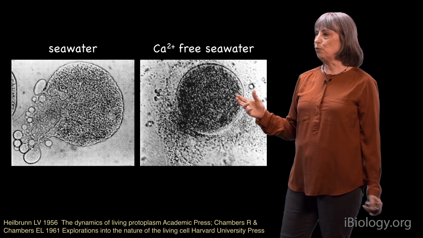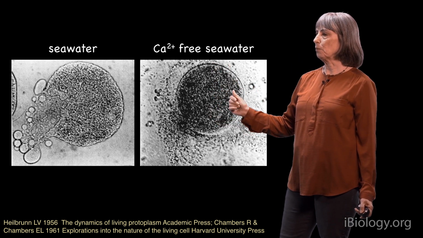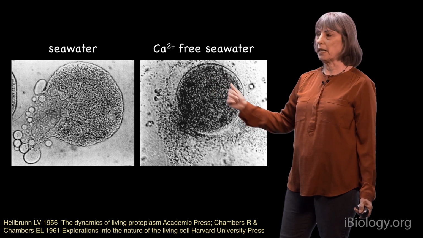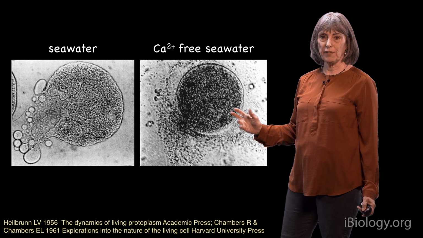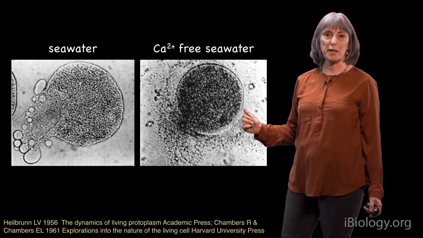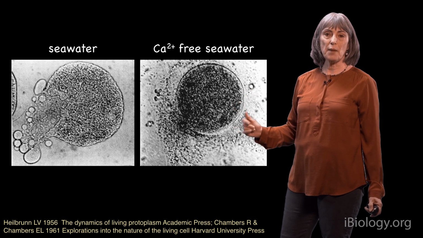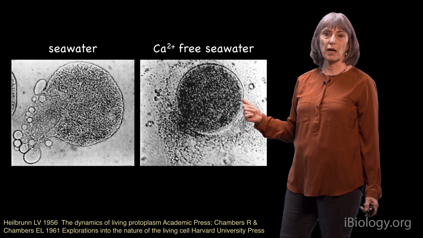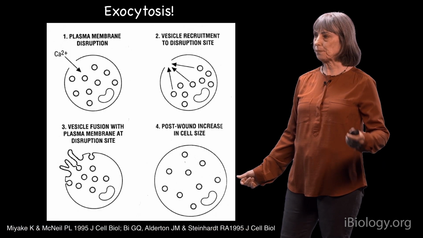But just by removing calcium from the water, they saw that this repair process did not happen, and these eggs just leaked and died. So with these studies, a very important gold standard of plasma membrane repair was established. Up to now, this is an absolute requirement. The presence of calcium outside of cells is required as a trigger for membrane repair.